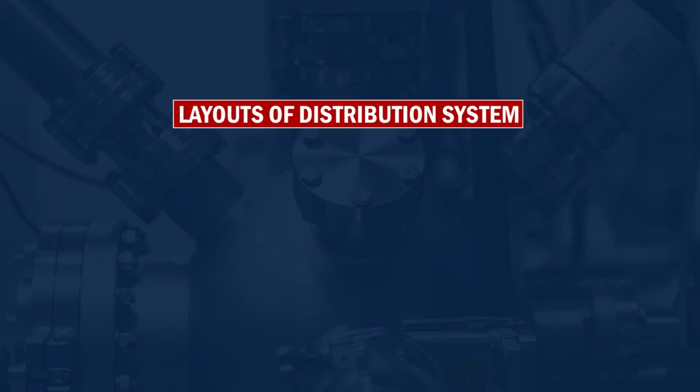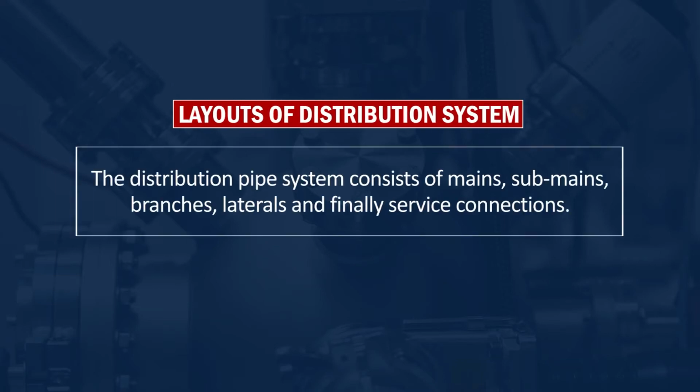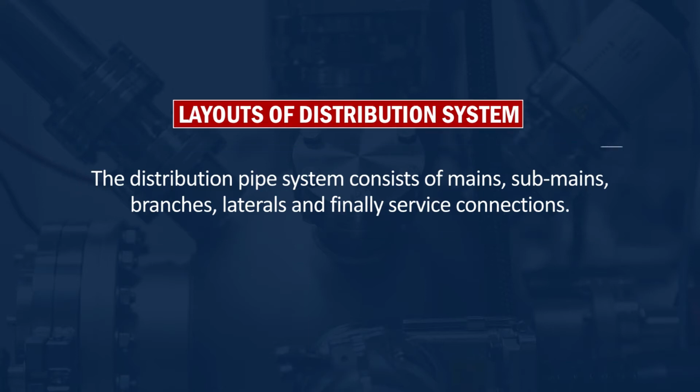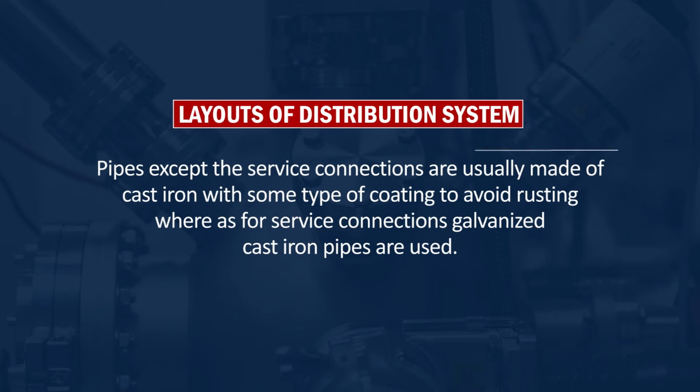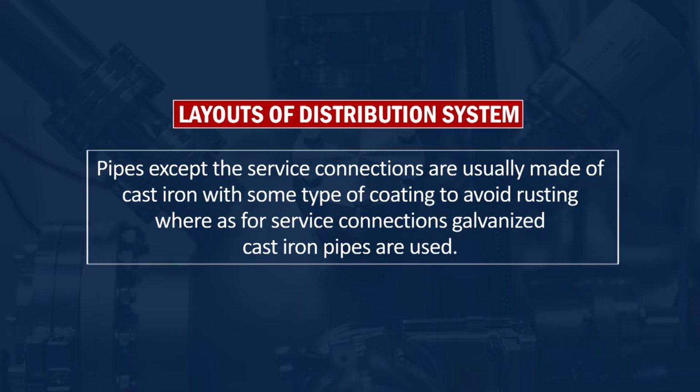Layouts of distribution system. The distribution pipe system consists of mains, sub-mains, branches, laterals, and finally service connections. Pipes, except the service connections, are usually made of cast iron with some type of coating to avoid rusting, whereas for service connections, galvanized iron pipes are used.